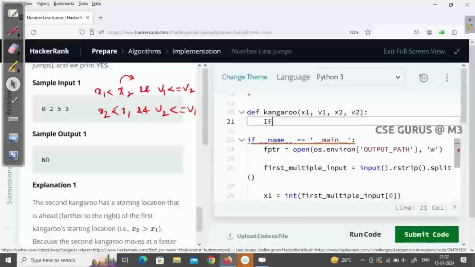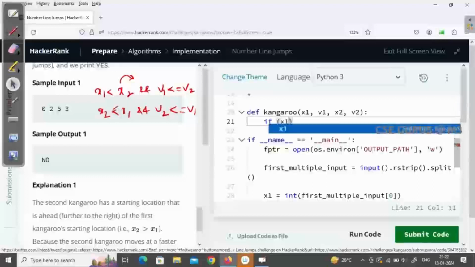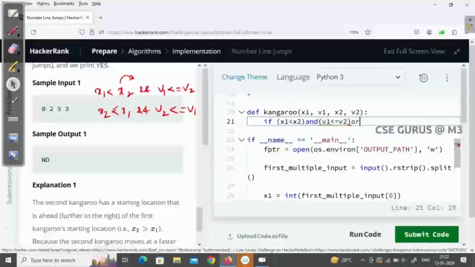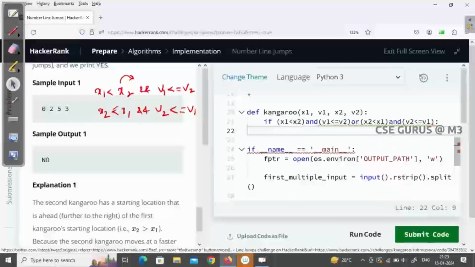First one, if x1 less than x2 and v1 is less than or equals to v2, then or x2 less than x1 and v2 less than or equals to v1, then you have to return no, right? Of course, single quotes are also absolutely fine.